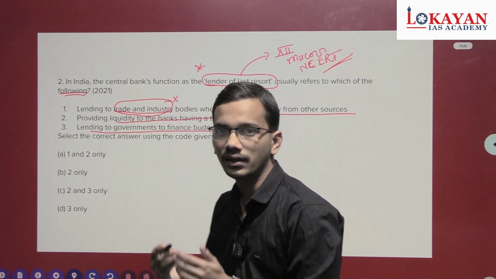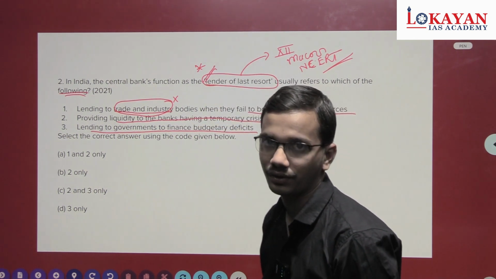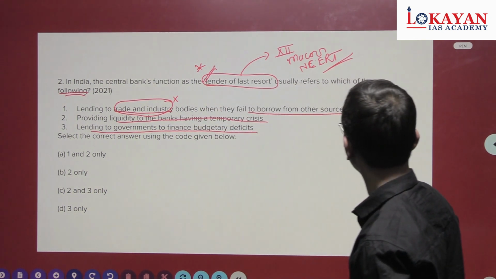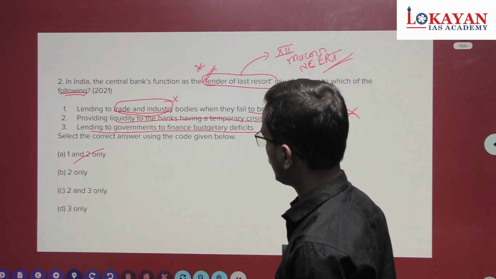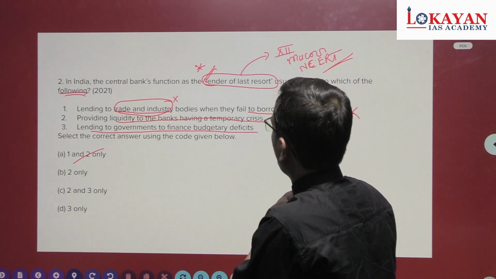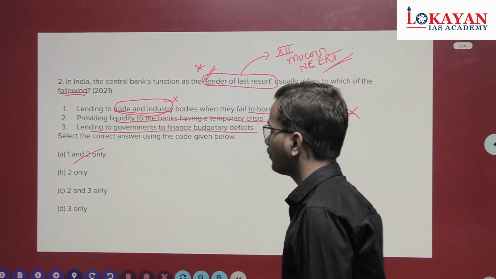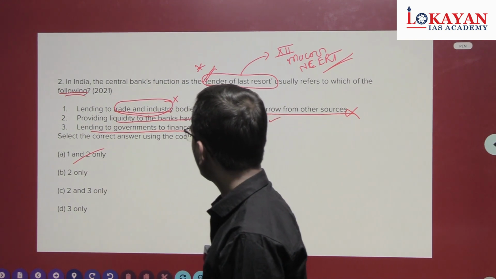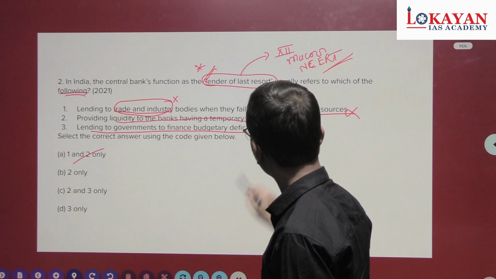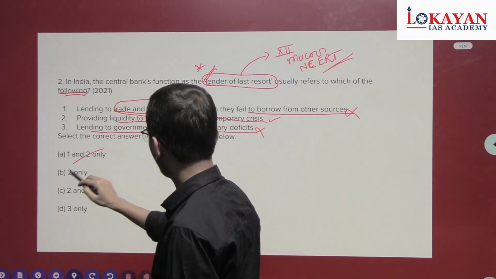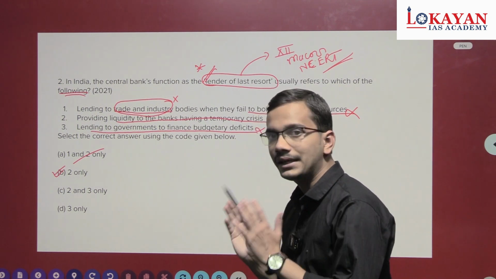This is not within the ambit of lender of last resort. This is not correlated. First statement is wrong. Eliminate A. Second, providing liquidity to the banks having temporary crisis. Correct option. Third, lending to the government to finance budgetary deficit. It's wrong. Answer is 2 only. Third statement is incorrect.